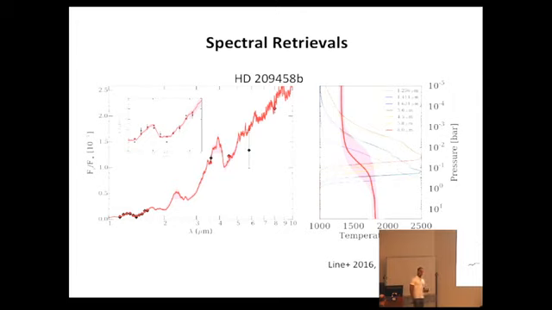One thing you can say is, for example, that the temperature is decreasing with pressure over the parts of the atmosphere that we're seeing, but to precisely quantify that, you need detailed modeling, of course. The advances in spectral retrieval over the last few years have been really amazing. In this case, we're deriving the thermal structure of the planet's atmosphere, that's the red line, and we're quantifying our confidence intervals on that.